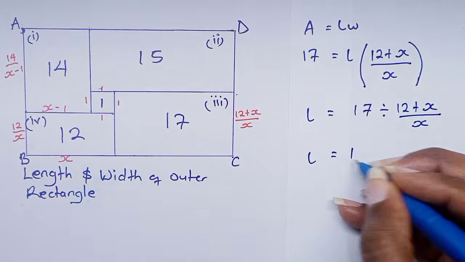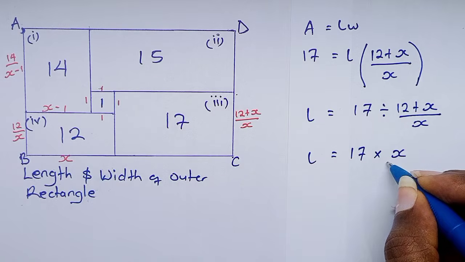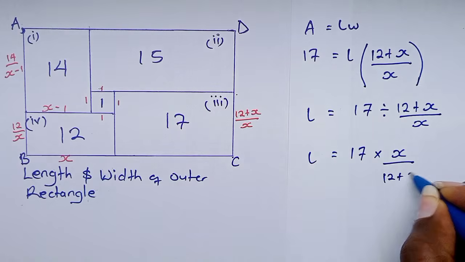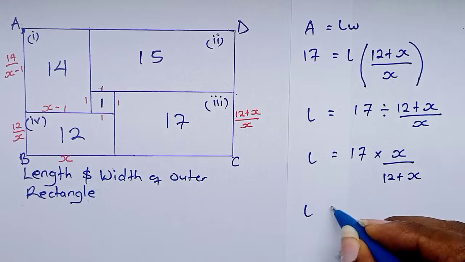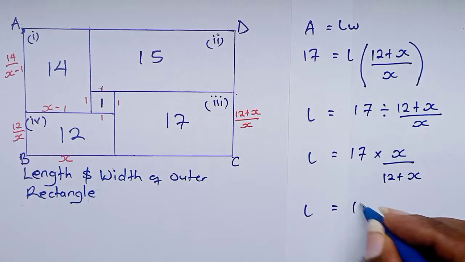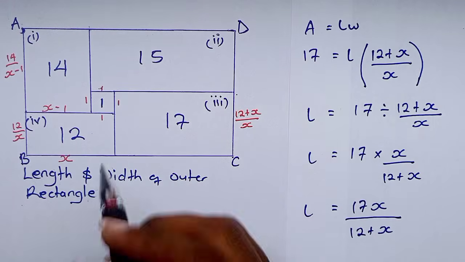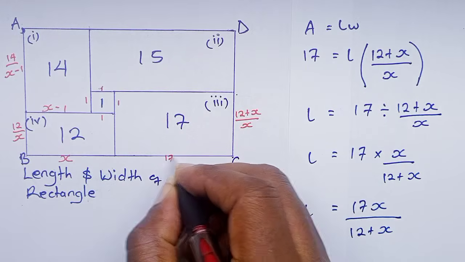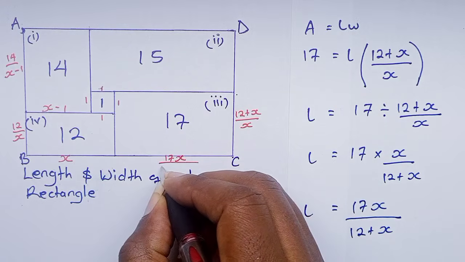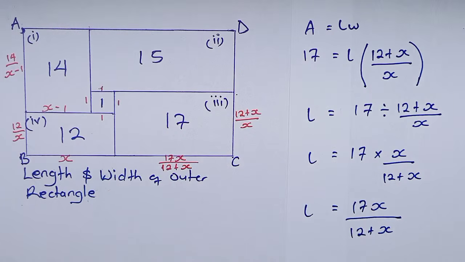Therefore, L will be equal to 17 times the reciprocal of this, so times x over 12 plus x. Therefore, the length will be equal to 17x over 12 plus x. Therefore, from here to here is 17x over 12 plus x.